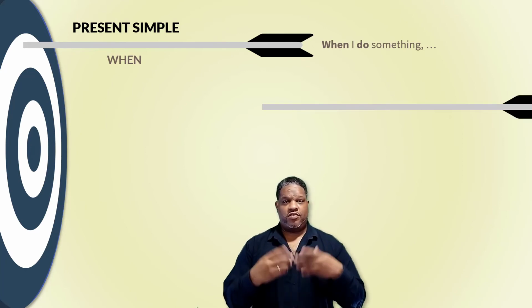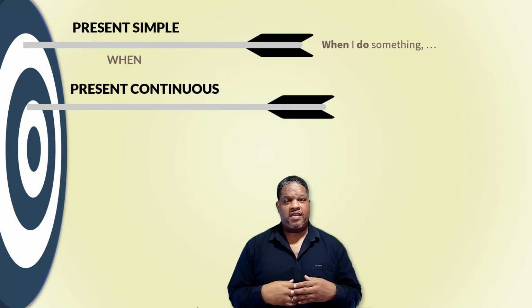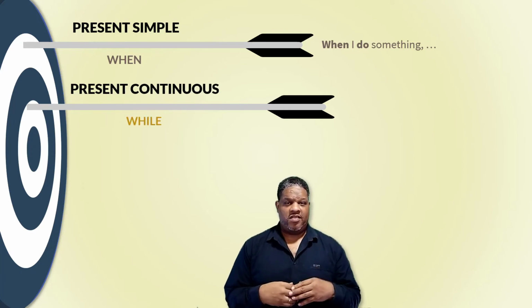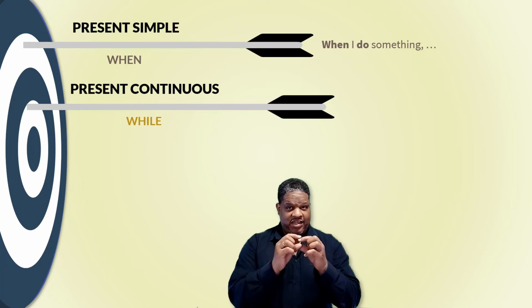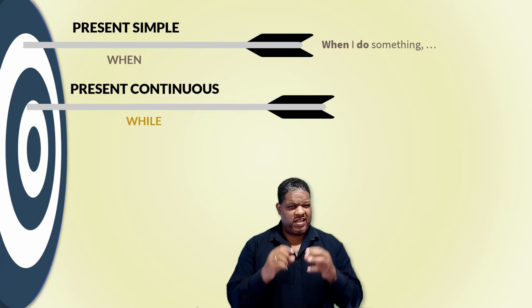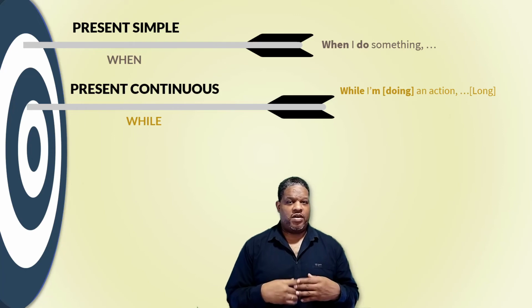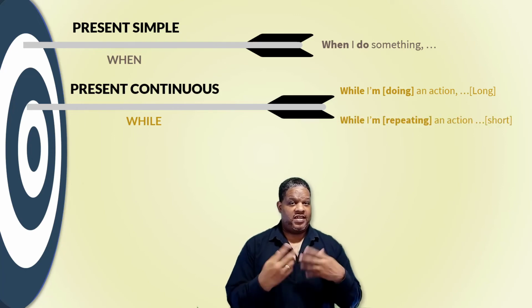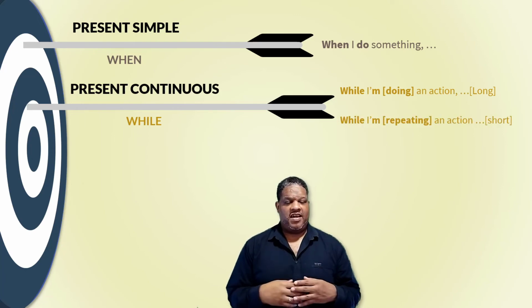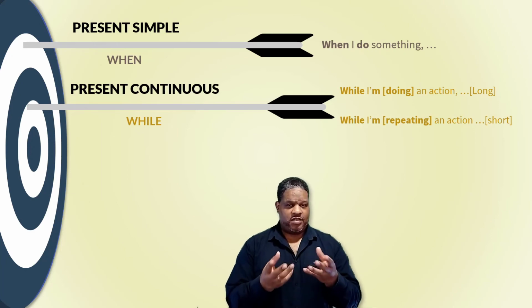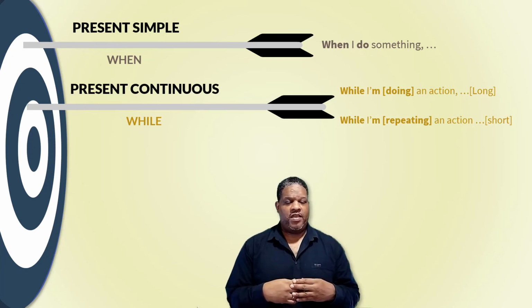The continuous, or in this case, present continuous, answers while. So while I'm doing this action, long or short, really, while I'm repeating this action, then that is expressed in the continuous.